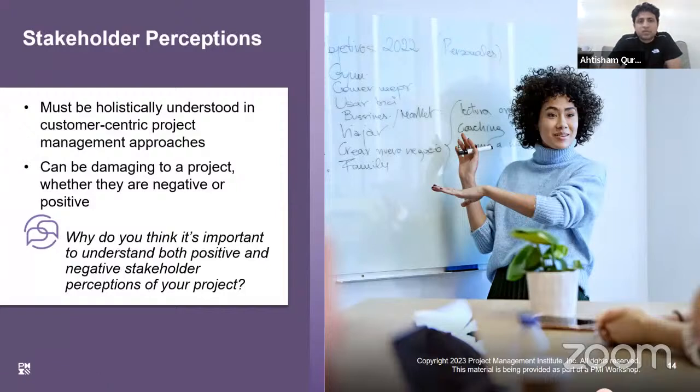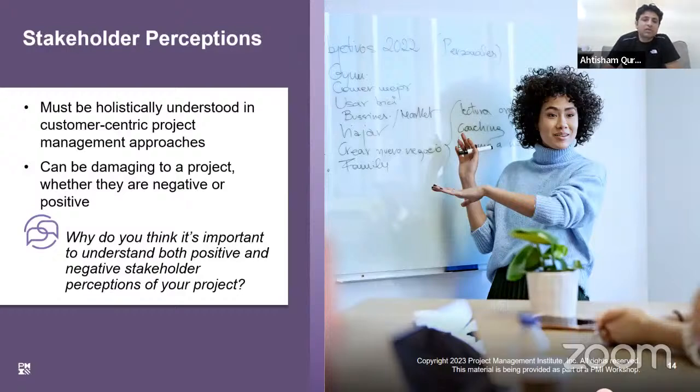Now, stakeholders' perceptions. All right. People in the organization are really strange. They may have some perception about how competent you are, some assessment of you being a leader, whether they trust you.